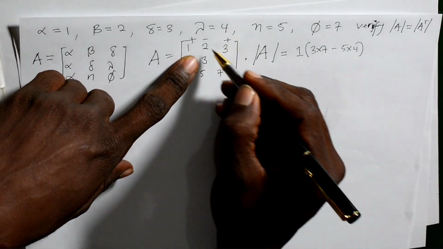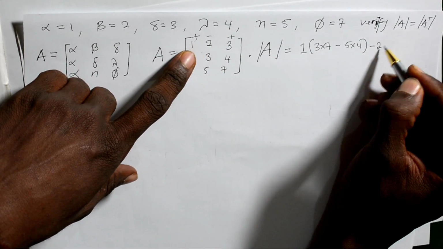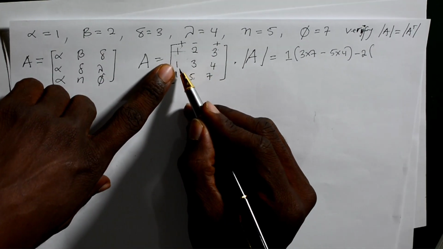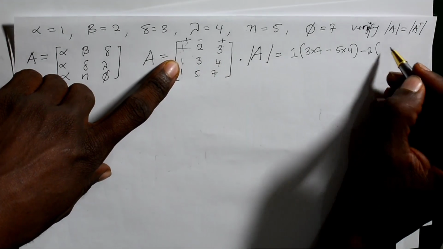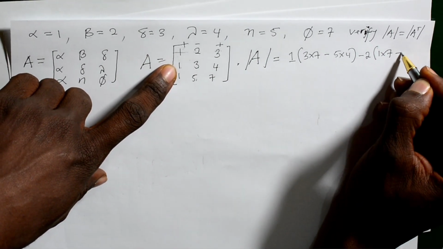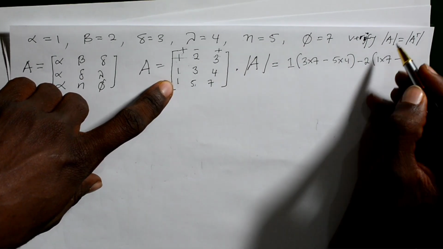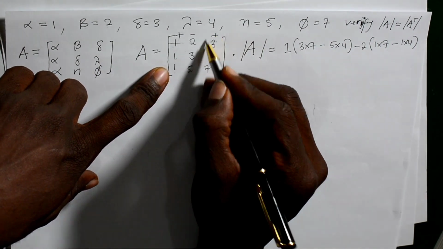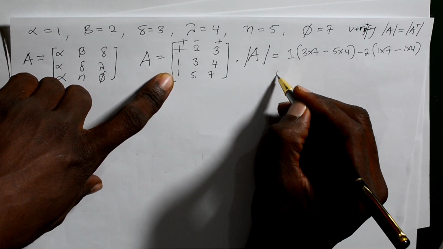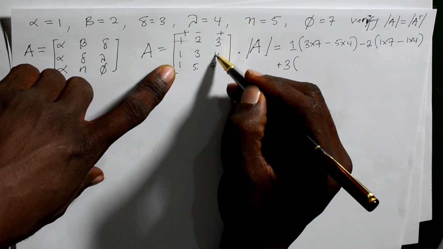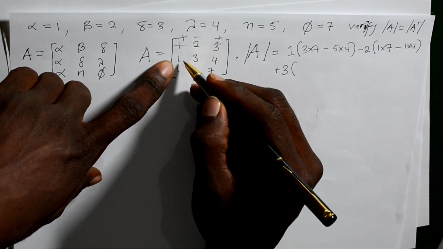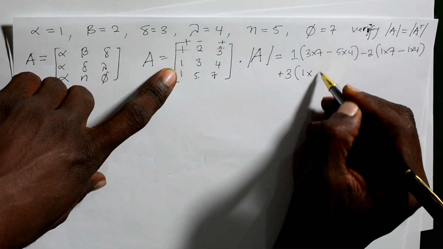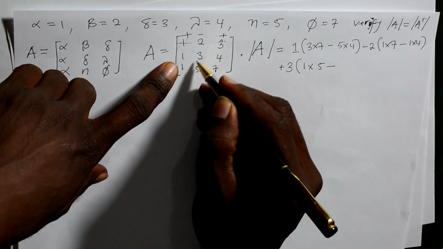Then we have the next, minus 2 into, closed its column and row, then the remaining values 1 times 7 minus 1 times 4. Then we go for the last main value, that is plus 3 into close its column and row. Then we have 1 times 5 minus 1 times 3.